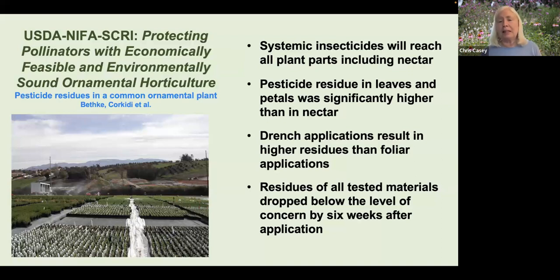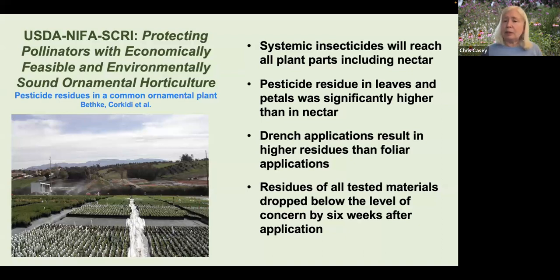And so while systemic insecticides like the neonicotinoids do move in all plant parts, they reach different parts in quite different concentrations. And the nectar has much less pesticide residue than leaves or petals.